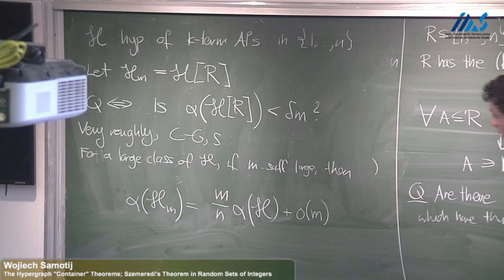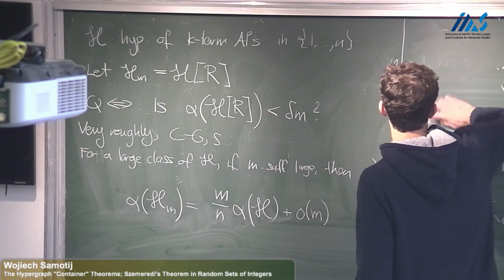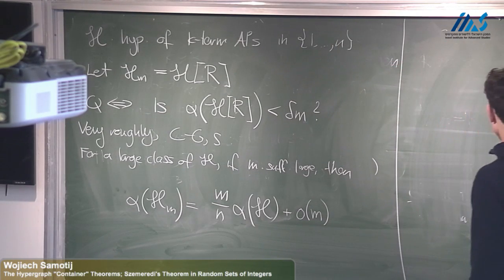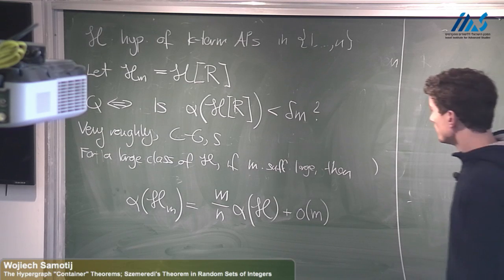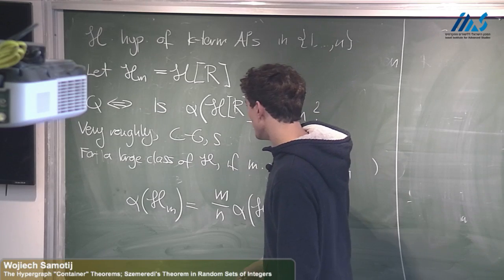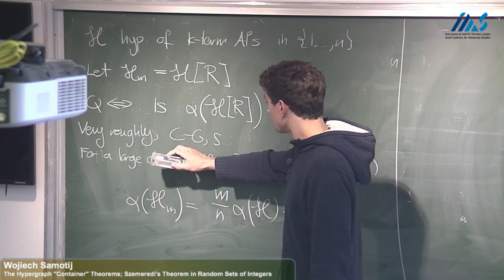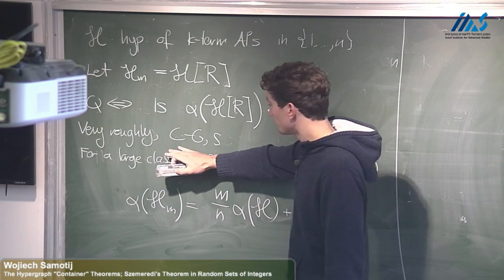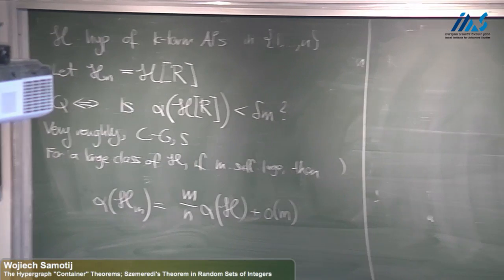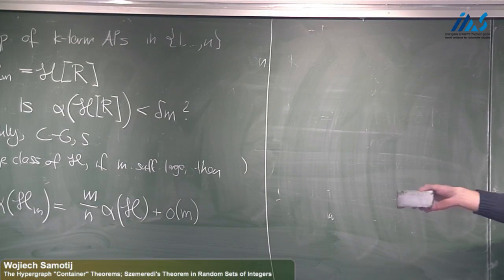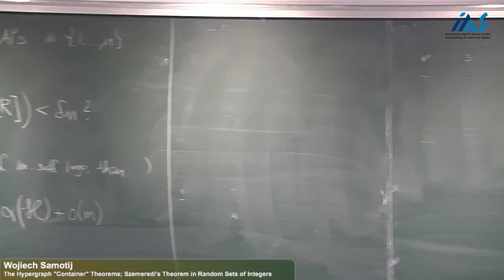Now, Conlon and Gowers and Schacht use very different methods to prove this theorem. Tammy Ziegler on Monday was speaking about methods related to what Conlon and Gowers did. But maybe let's try to analyze this question from a more combinatorial perspective.